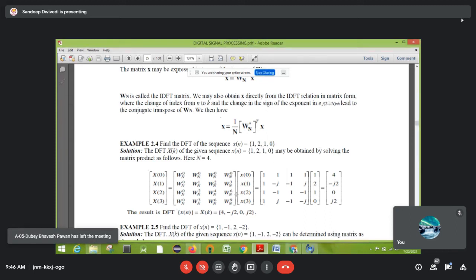If they are asking you for the 8-point DFT, then in that case, if you are doing the 8-point calculation, actually these parts are also repeating. In 8-point also you only need to find out 8 or 9 twiddle factors. Otherwise, you can see here, this w raised to power 3 is repeating, w raised to power 6 is repeating, and w raised to power 2 is also repeating.